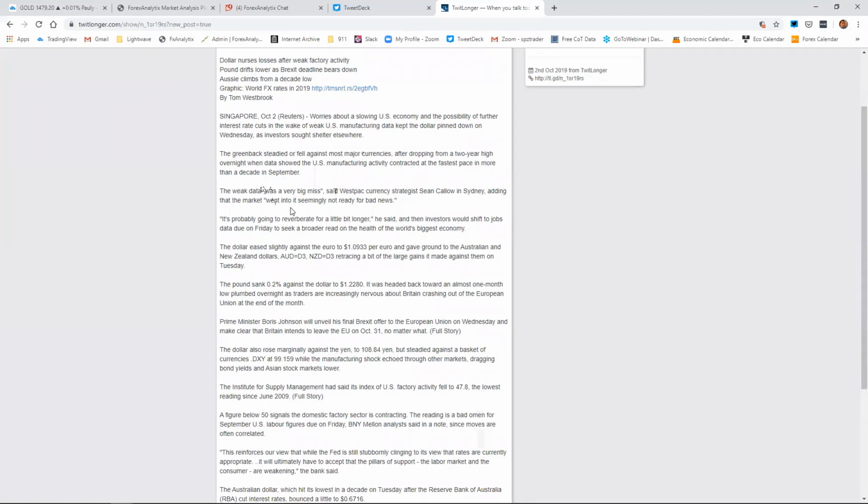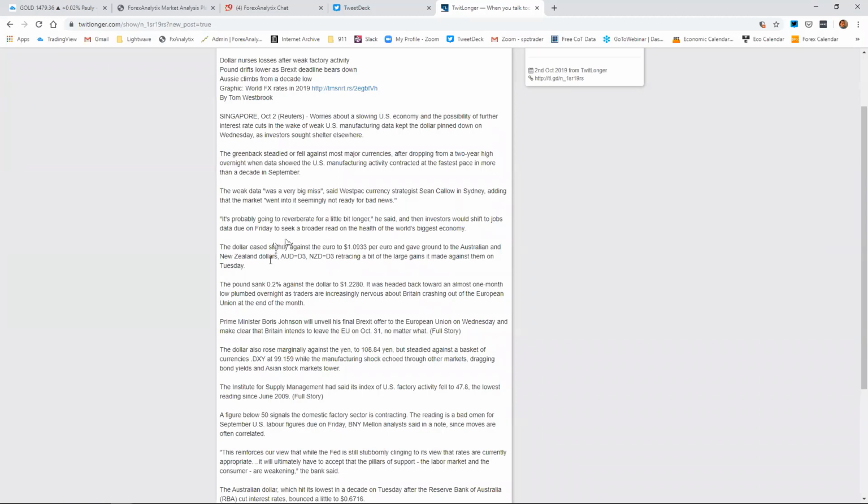The weak data was a very big miss, says Westpac currency strategist Sean Callow in Sydney, adding that the market went in seemingly not ready for bad news. It's probably going to reverberate for a bit longer, he said, and then investors would shift to jobs data due on Friday to seek a broader read on the health of the world's biggest economy.